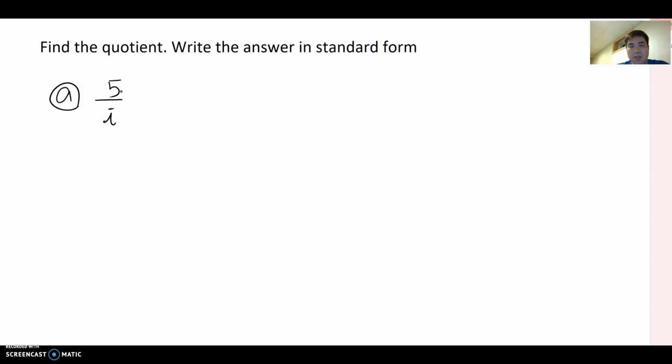It's because if we have a real number, especially a rational number, on the denominator, we can analyze easily. In this case, we have i on the denominator, so we cannot make any division. Therefore, we have to make this a rational number.